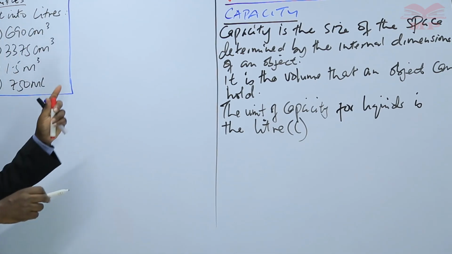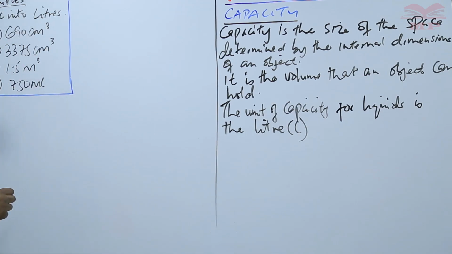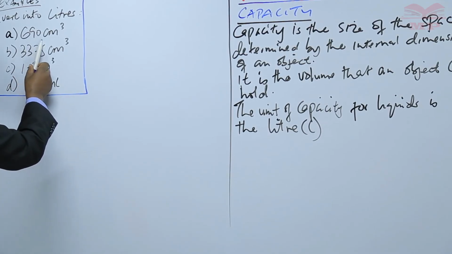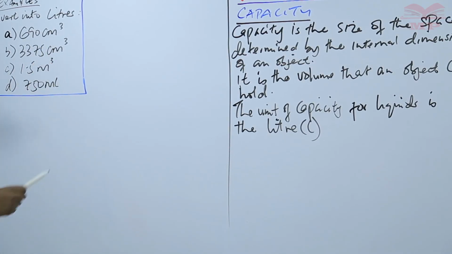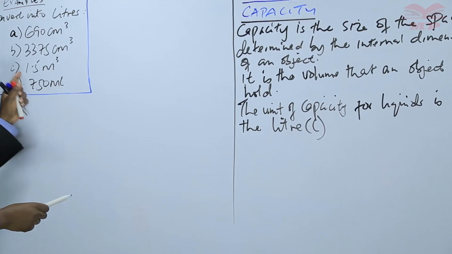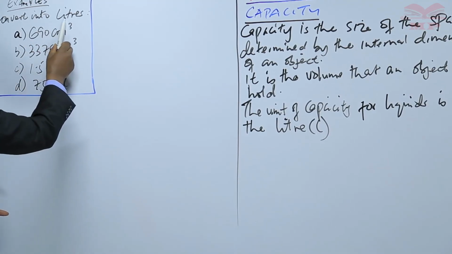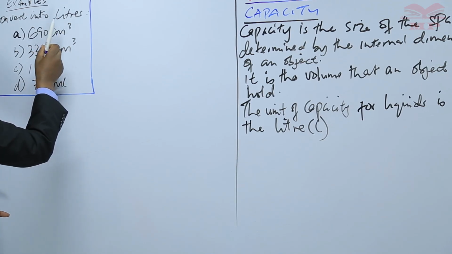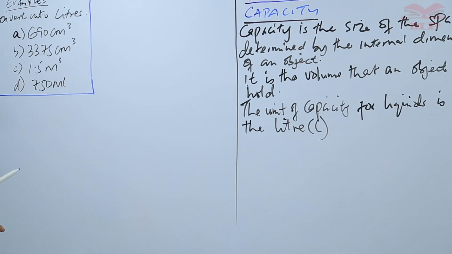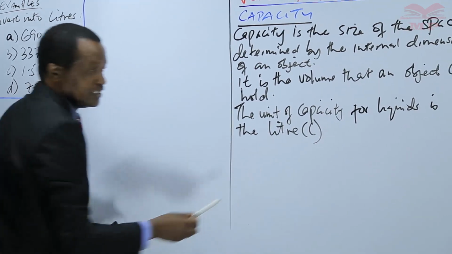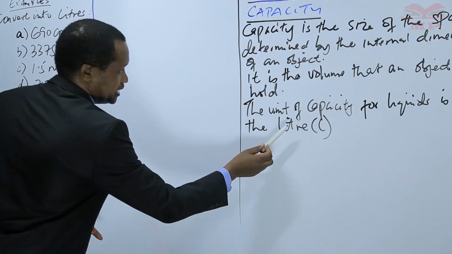Now this object has a volume of 690 cubic centimeters. What volume of liquid can it hold? Because you want to get liters. Learners, the unit of capacity for liquids is the liter.